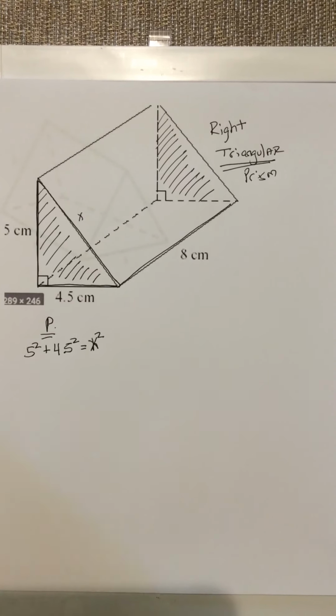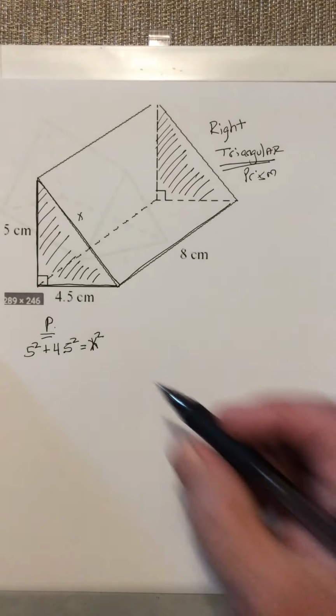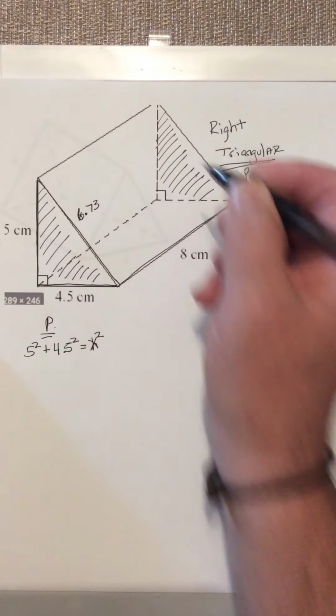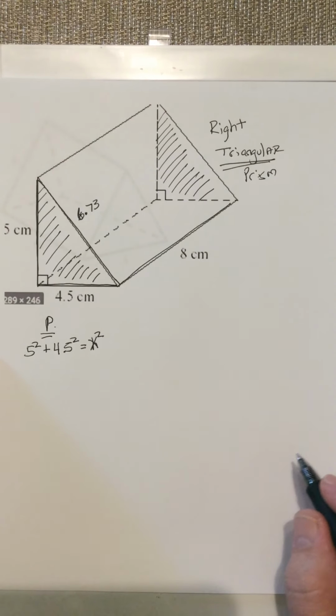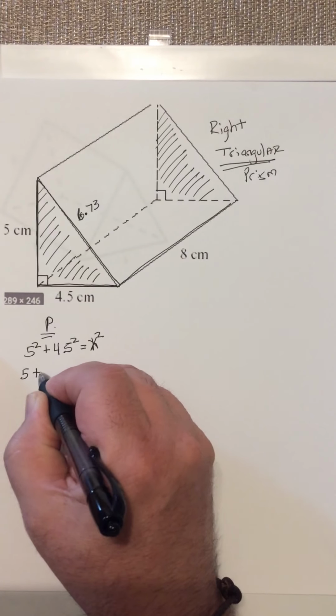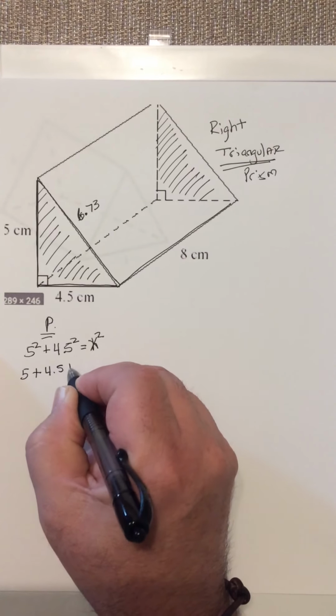So if we take 5 squared, that's 25, plus 4.5 squared, we get 45.25. We've got to take the square root of that number, and we're at 6.73. So this is 6.73 centimeters.